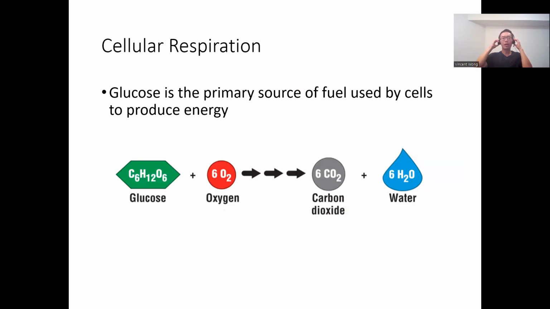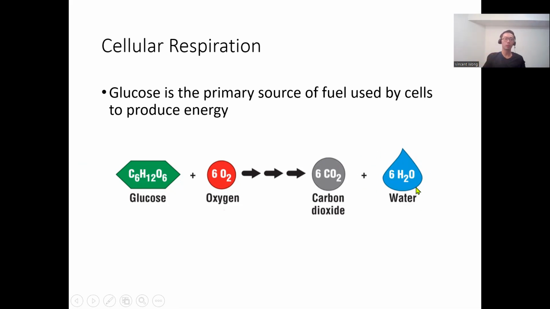When we have carbohydrates in the system, we break them down into glucose. Glucose is a type of simple sugar, and we use glucose by burning it in the presence of oxygen. That's why we need oxygen to survive. When you breathe in oxygen, you react it with glucose, and it becomes carbon dioxide, which we exhale, as well as water.